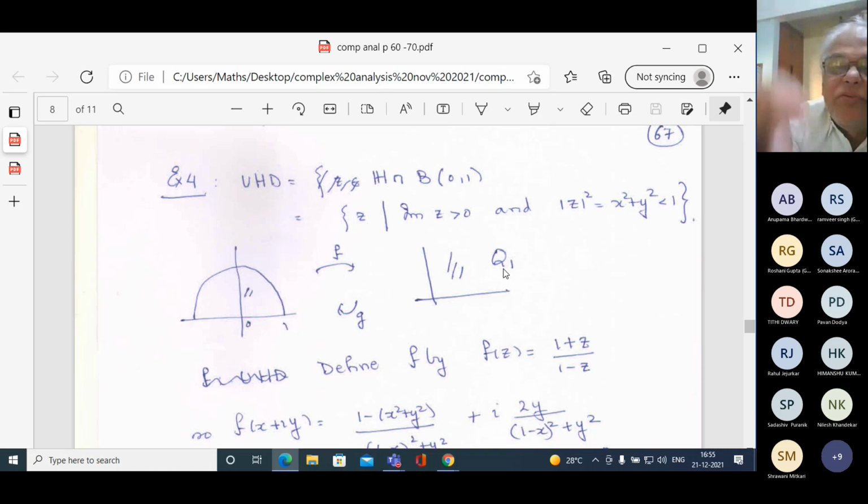If you have this quadrant, there is no way that you can straighten out this quadrant by even a differentiable function, a real valued differentiable function from R2 to R2. Whereas you can map the interior to the unit circle in a very nice manner, in a holomorphic manner.